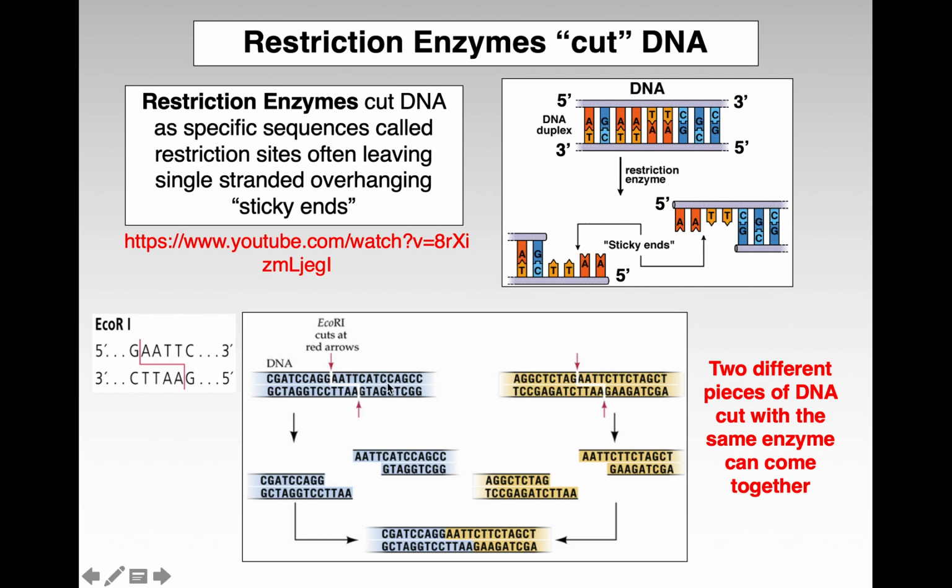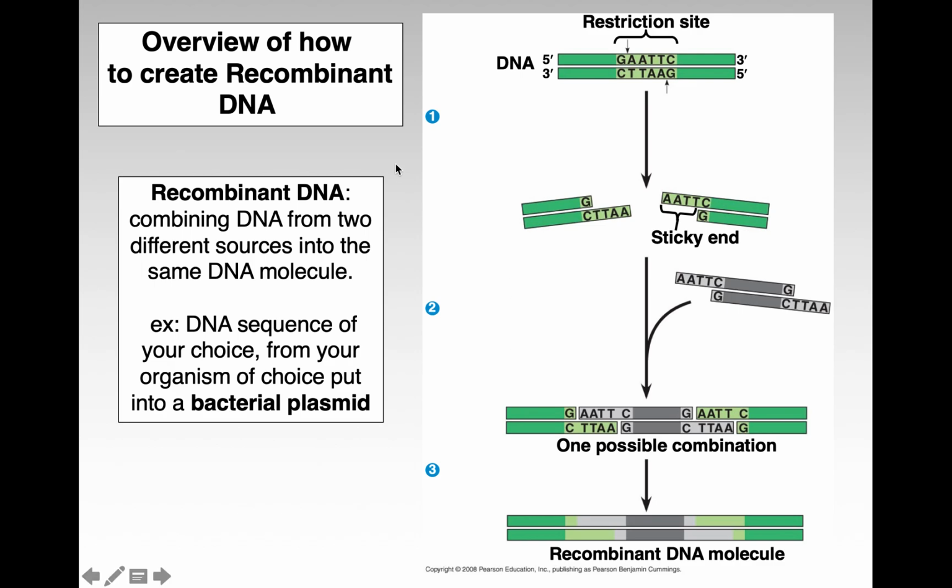If you cut two different things with the same enzyme, we can then use those overhangs to put them together into recombinant DNA, recombining two different pieces of DNA. Those are held together by complementary base pairing and hydrogen bonding, and then solidified by DNA ligase, which bonds the sugar phosphate backbone back together.